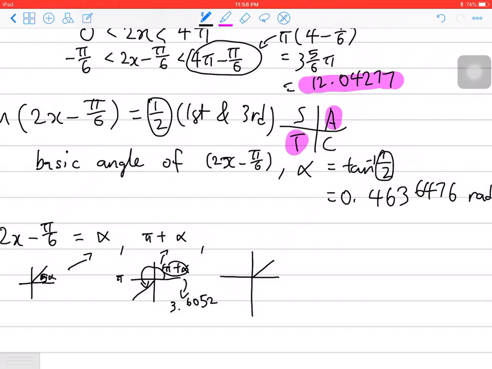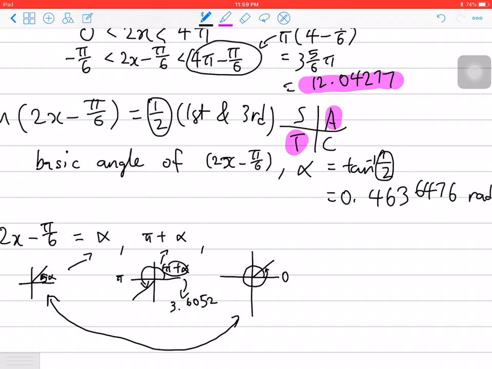So what happens from 0, here is 0, we rotate one round, after that we stop at second round first quadrant. So comparing this and this, the difference is one round, and one round is 360 degrees, which is 2 pi.